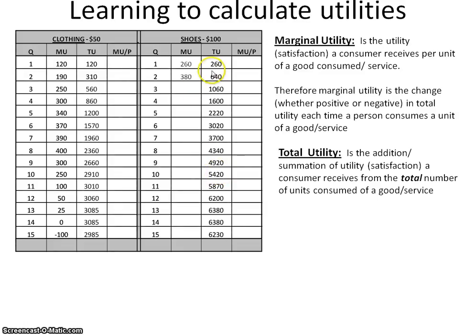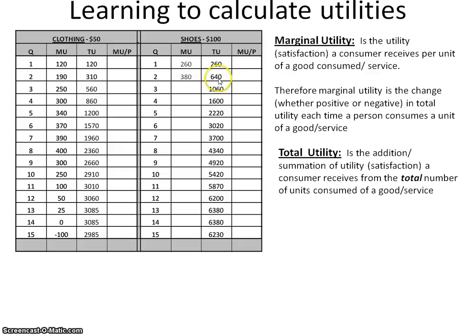Also, the utility you get from the second unit consumed is going to be 640 minus 260. Simply because if your total utility was 260 before, and it's now 640, it means you added a value of 380.